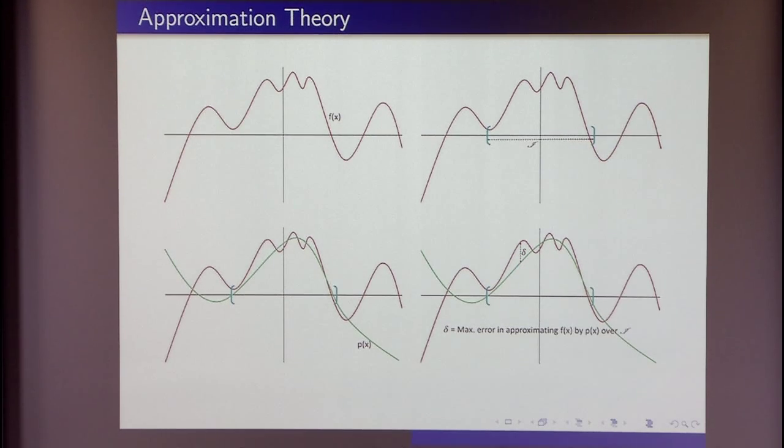So you want to minimize the largest, the maximum distance between these two curves. So this is an infinity version of measuring distances. One could also ask for approximations in the L2 sense, where you're just minimizing the average distance. But as it will turn out, this is the right notion for us.